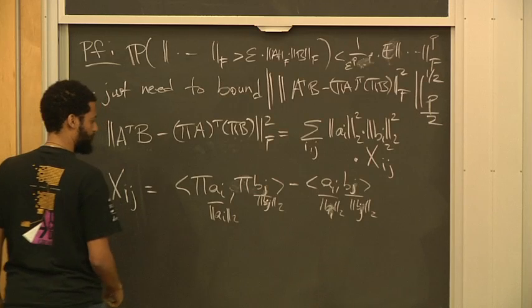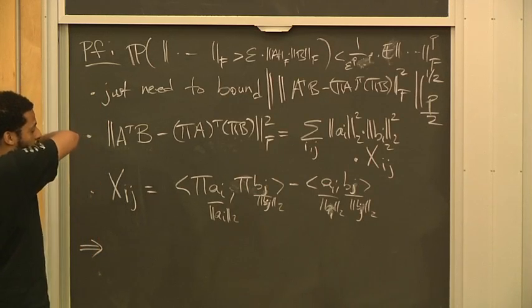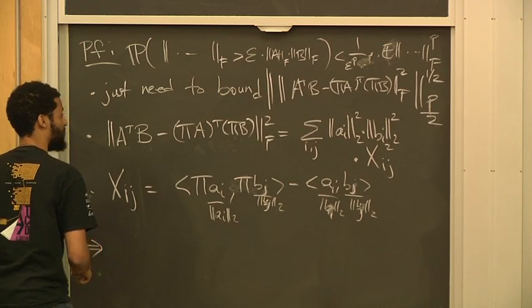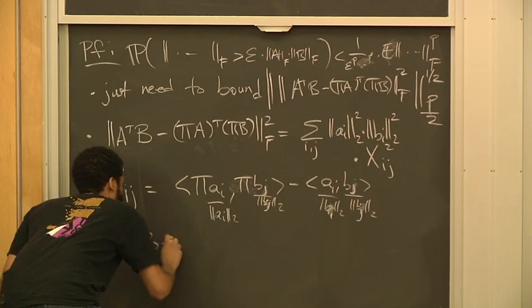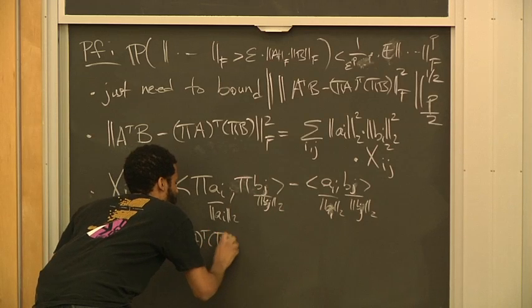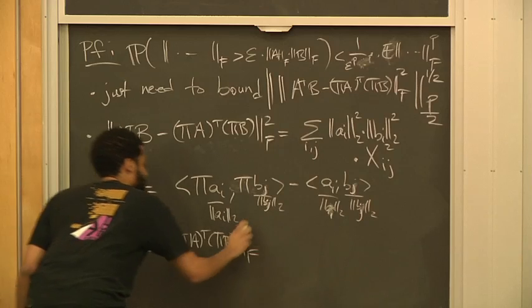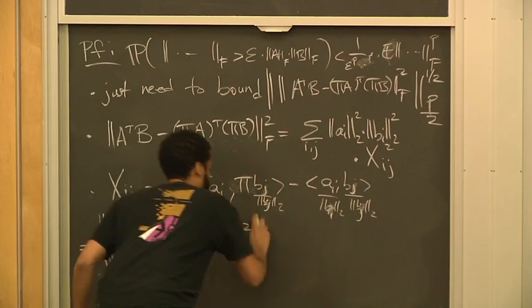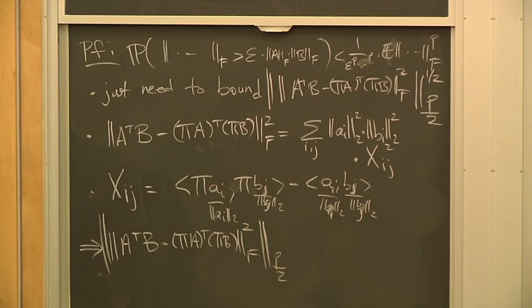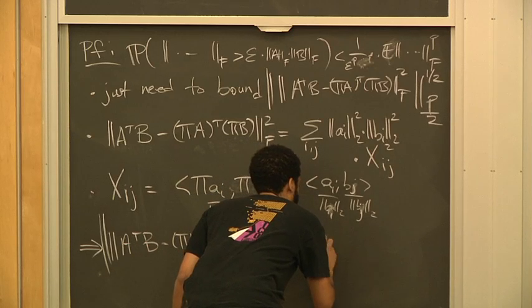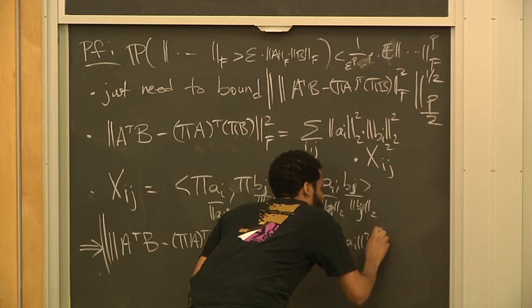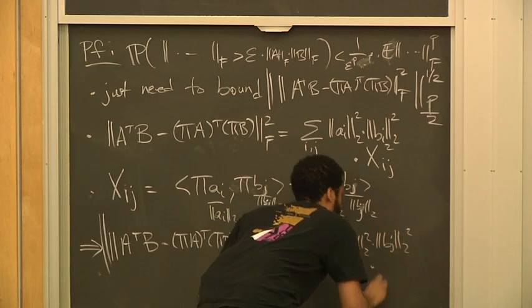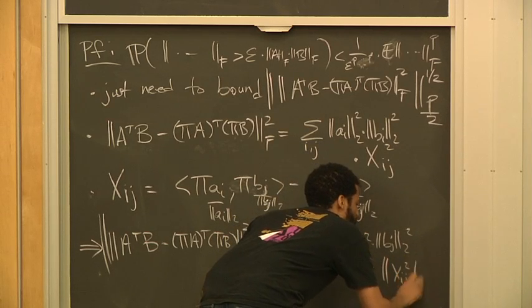Which implies that if you look at the p over 2 norm of this thingy, then by triangle inequality, this thing is at most the sum over ij of ai squared bj squared times the p over 2 norm of xij squared.